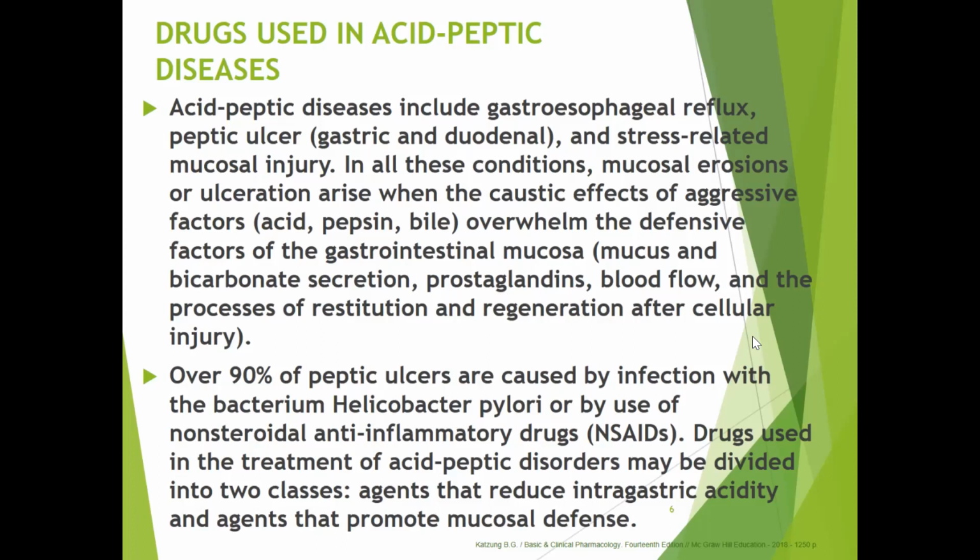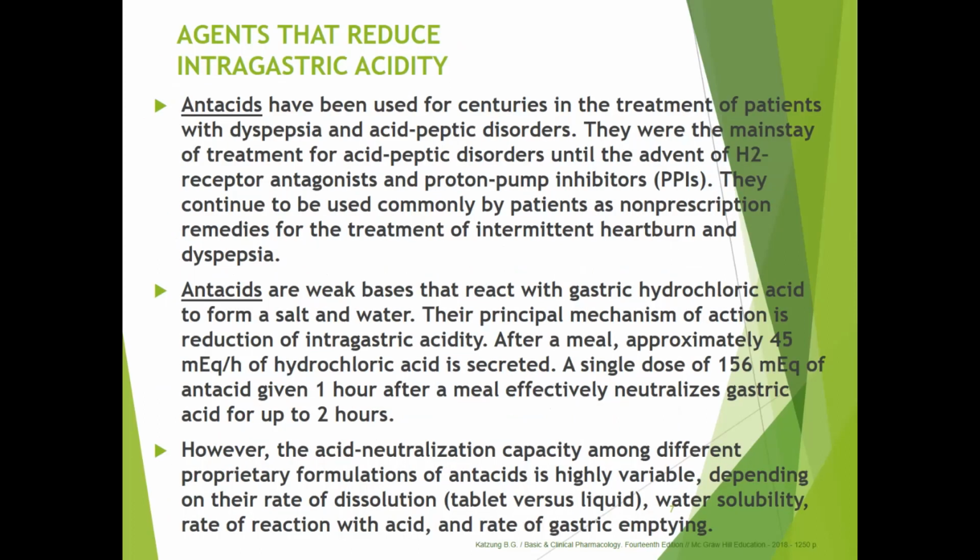Over 90% of peptic ulcers are caused by infection with the bacterium Helicobacter pylori or by use of non-steroidal anti-inflammatory drugs. Drugs used in the treatment of acid peptic disorders may be divided into two classes: agents that reduce intragastric acidity and agents that promote mucosal defense.